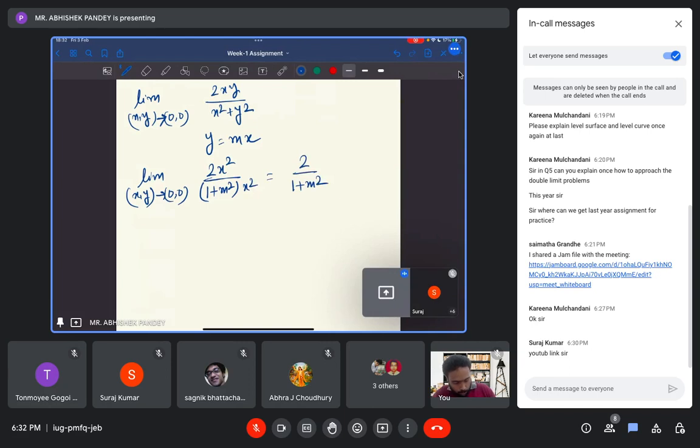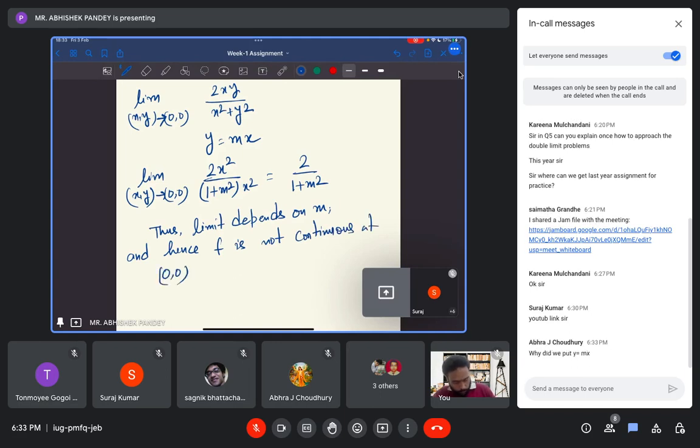Thus the limit depends upon m, and hence f is not continuous at 0 comma 0. Okay, I hope it is clear. It is clear to you, everyone?